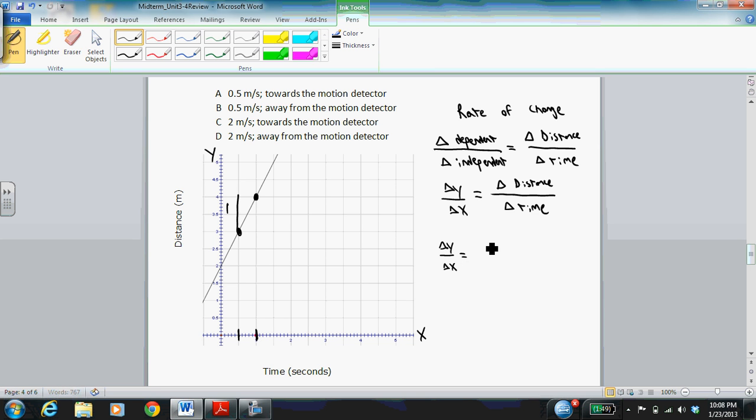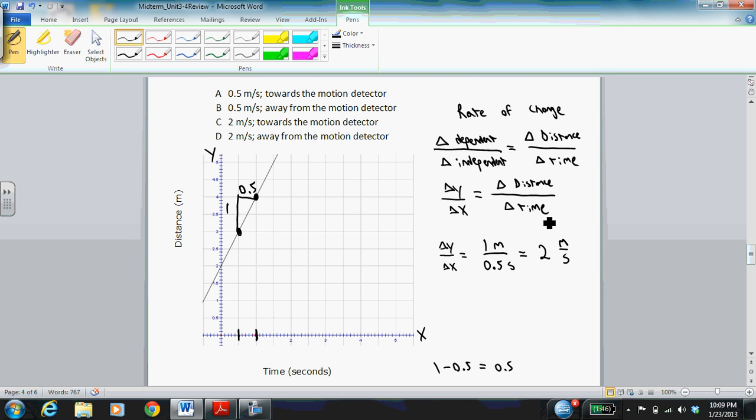And it's 1 what? 1 meter. The change in time from 0.5 up to 1, well, that's 1 minus 0.5, which is 0.5. So 1 meter divided by 0.5 seconds, 1 divided by 0.5 is 2 meters per second.